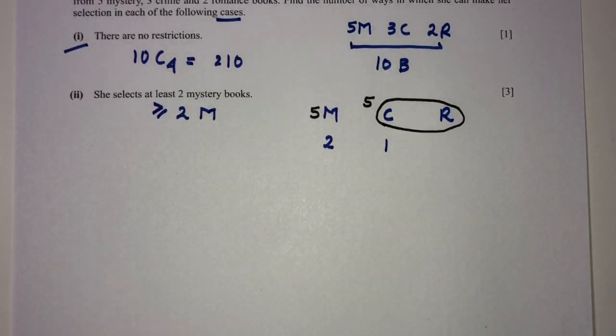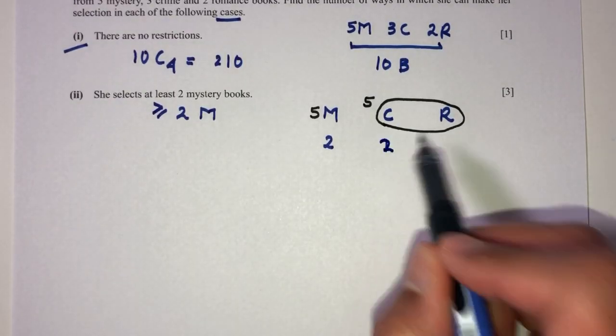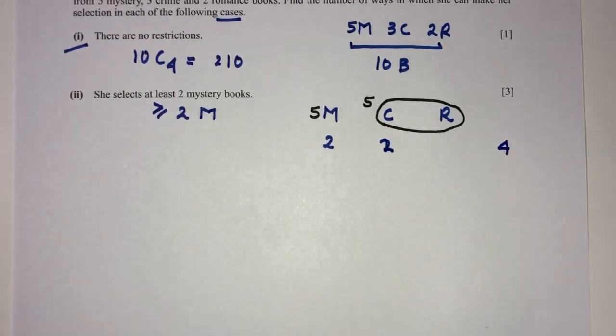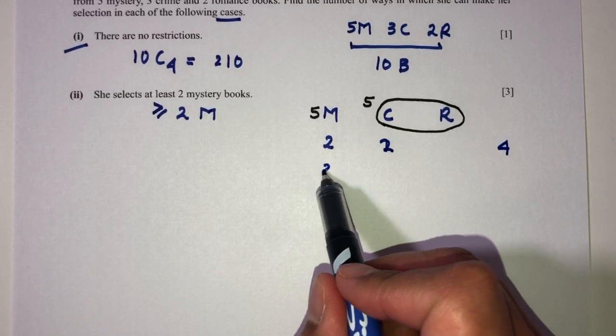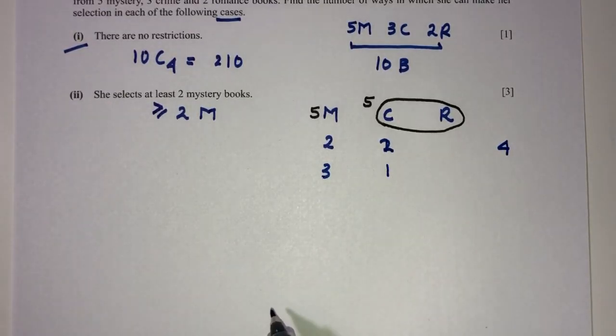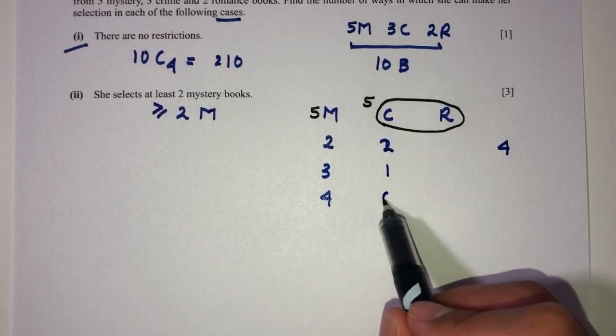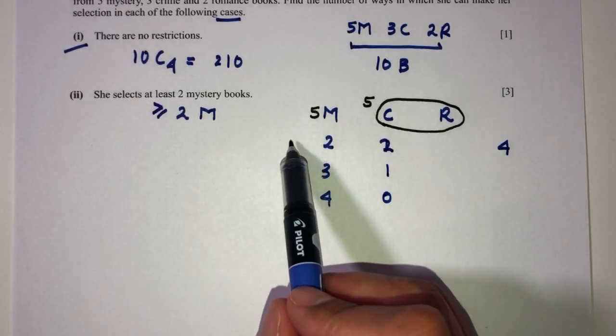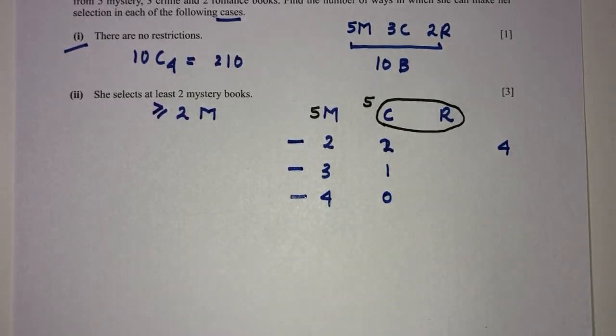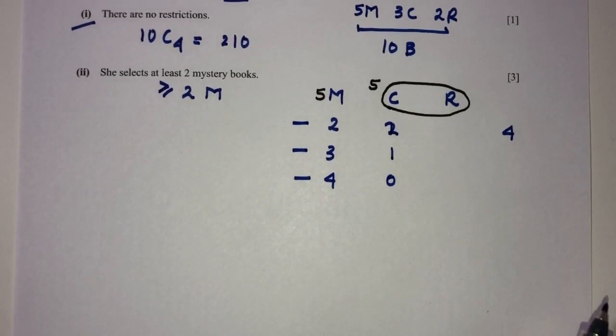That's the first choice. And then we have to choose 2 as well because we need 4 books, right? Now we can also choose 3 from this, and 1. Now we can choose 4 and 0. So we have 3 cases we have to calculate one by one.